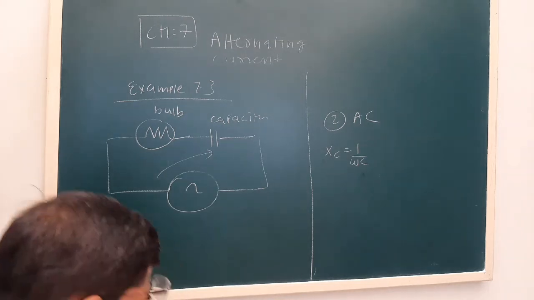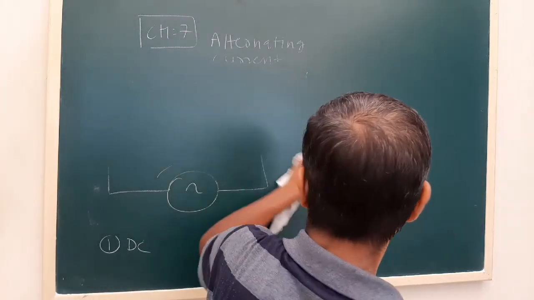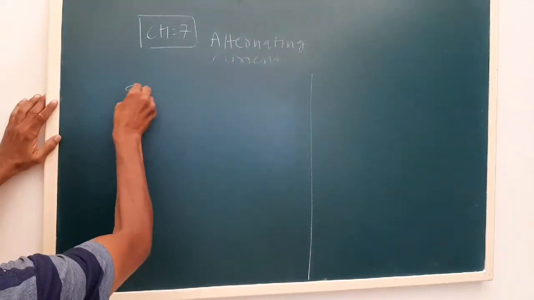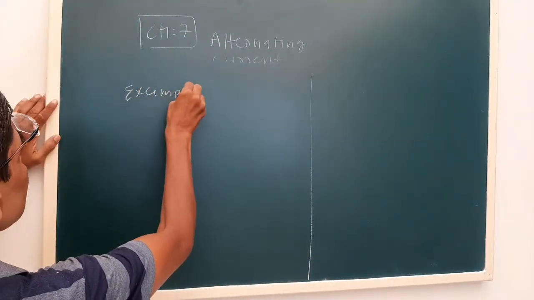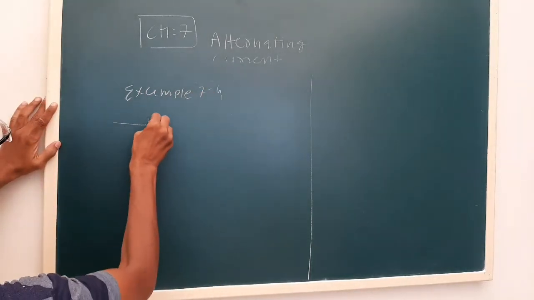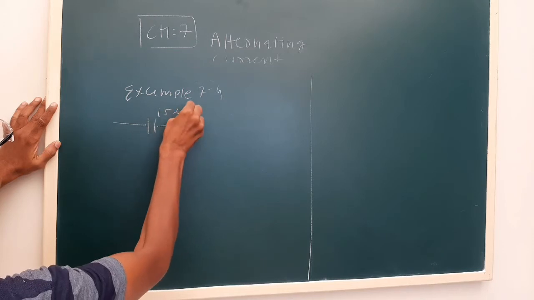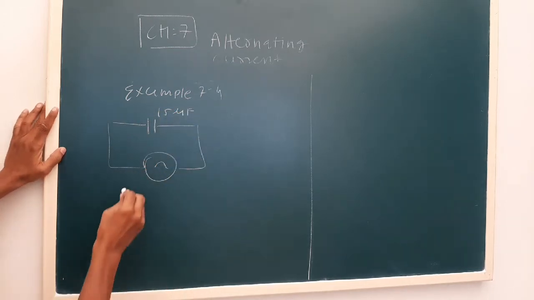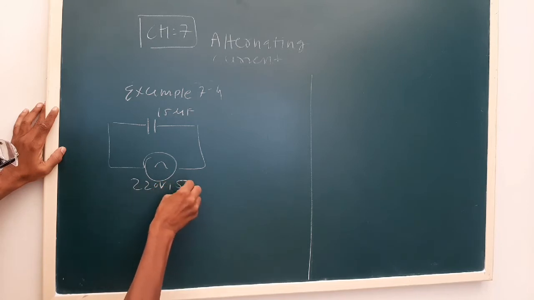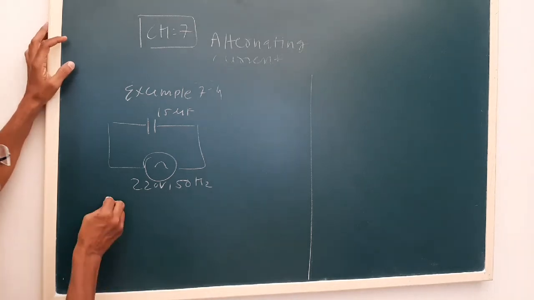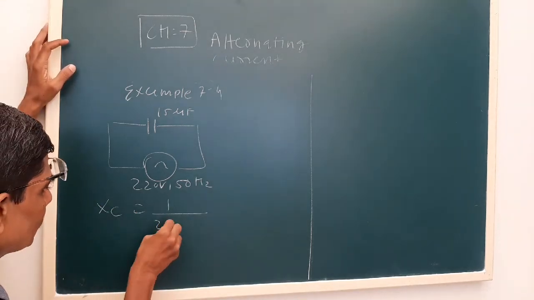Now see, next is example number 7.4. A 15 microfarad capacitor is connected with a 220 volt source, and this is an RMS value. The capacitive reactance XC is 1 upon 2 pi FC.